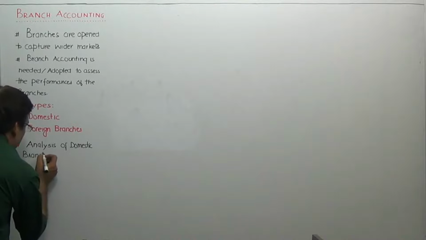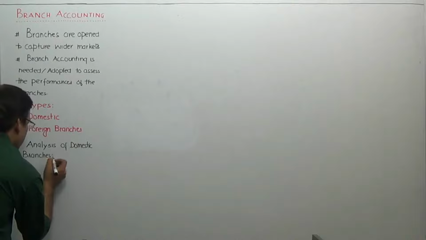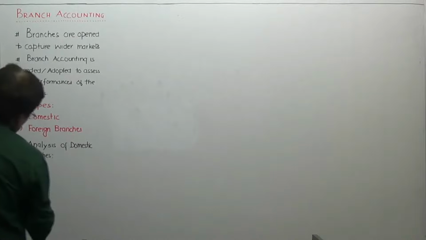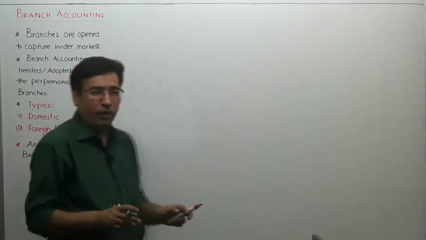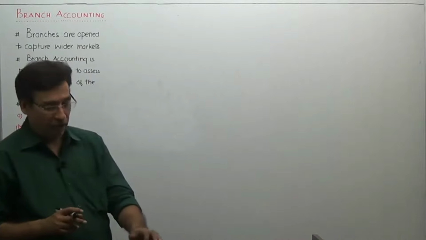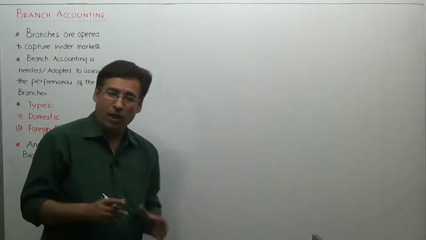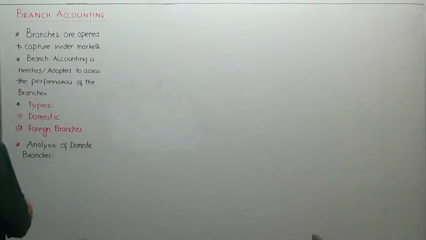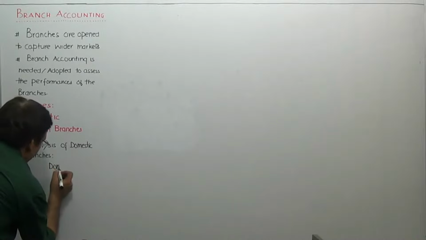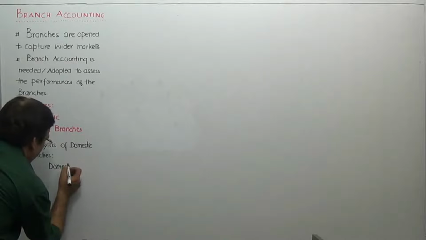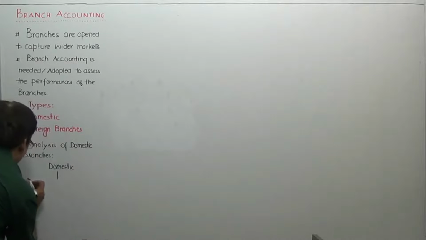As far as domestic branches are concerned, they are further subdivided into two broad categories: dependent branches and independent branches, correct? So domestic branches, as I said earlier, are categorized into two categories.